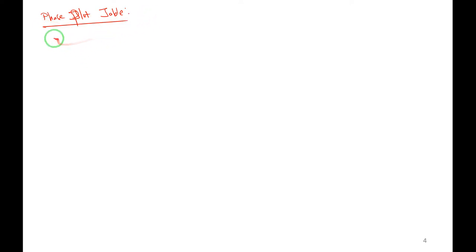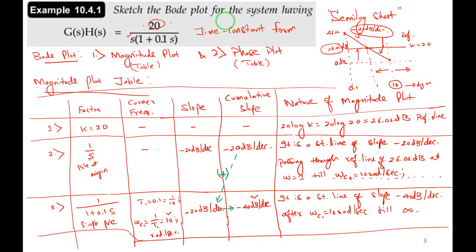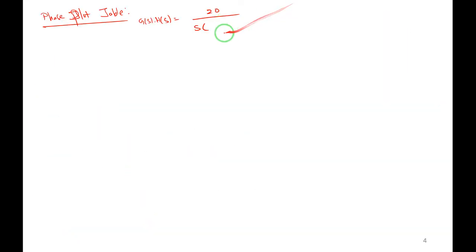So G of s into H of s is given. Let me write it here. G of s into H of s is equal to 20 divided by s into 1 plus 0.1 s. Next, I want to replace this s by j omega so that it is converted to the frequency domain.